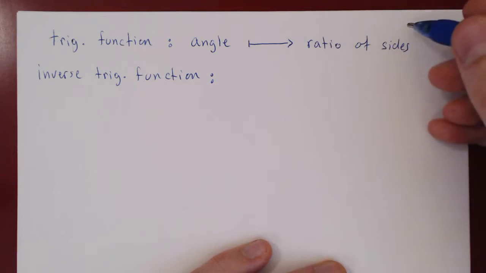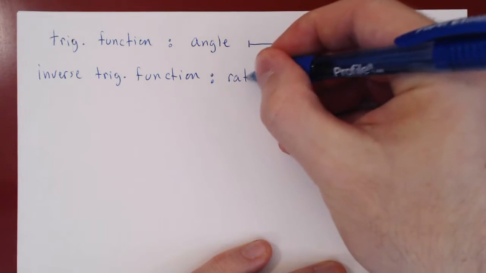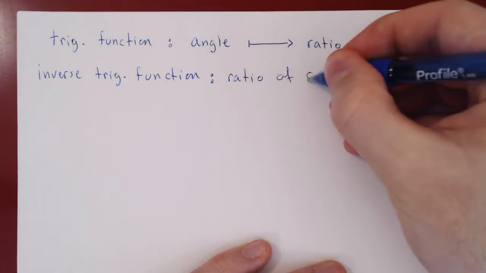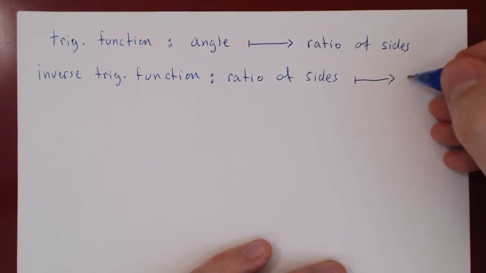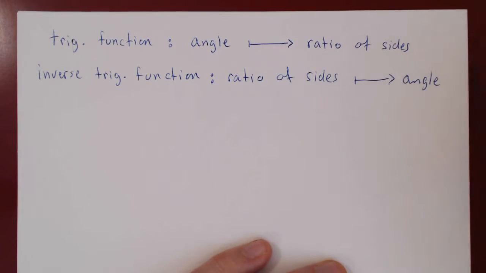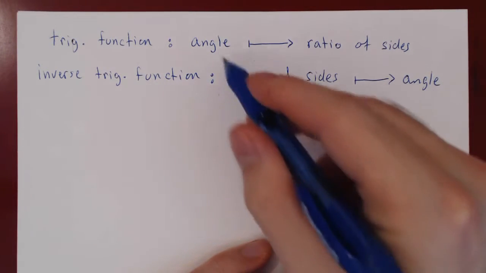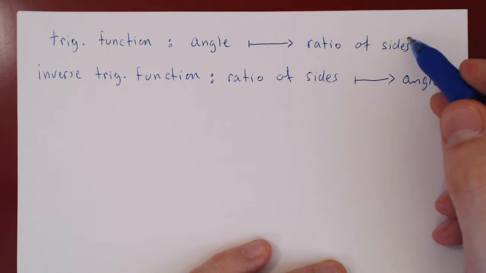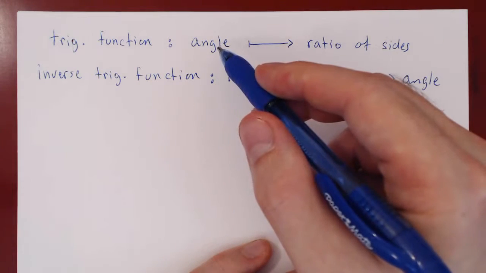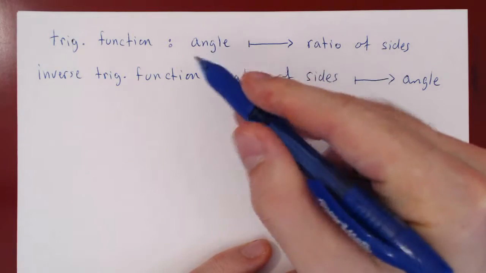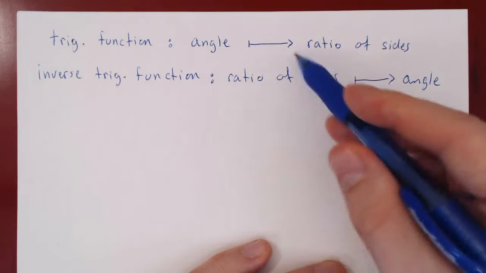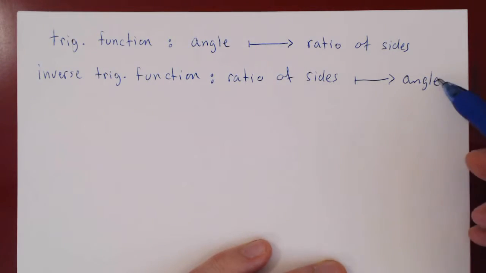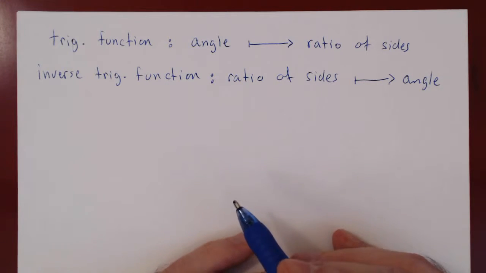It will take a ratio of sides and it will return an angle. So whenever you have the sine of something, that will be a ratio of sides, or any other trig function. So a trigonometric function of an angle gives you a ratio of sides, and an inverse trigonometric function will take a ratio of sides and give you an angle. And with this idea in mind, we can proceed.